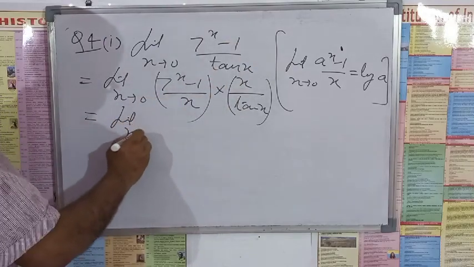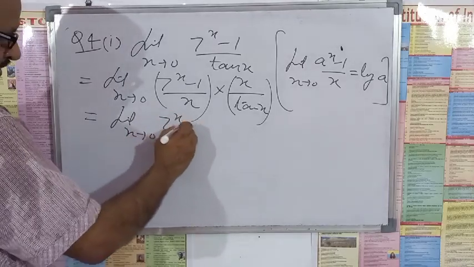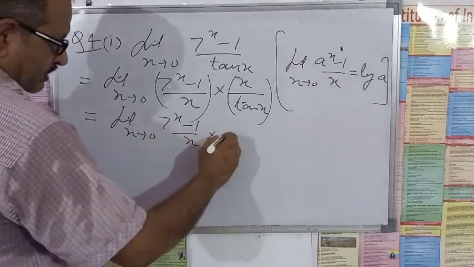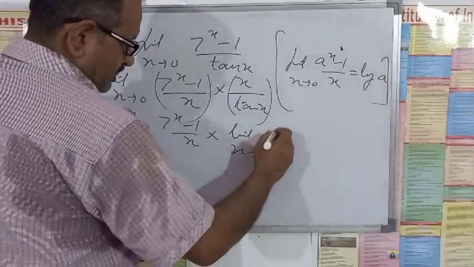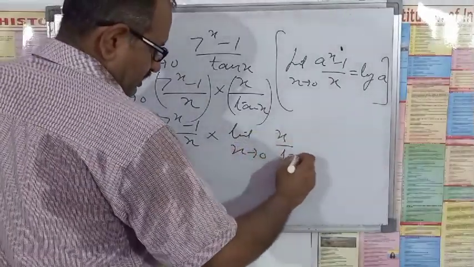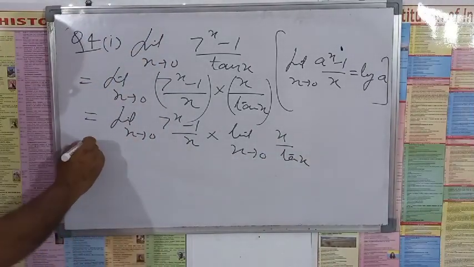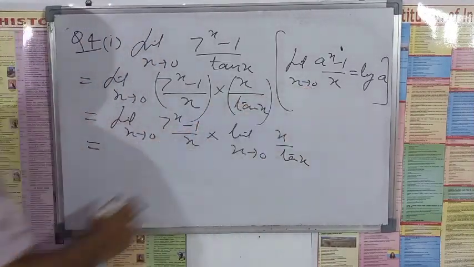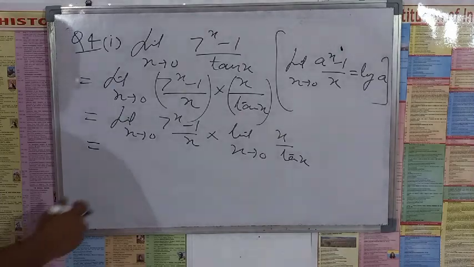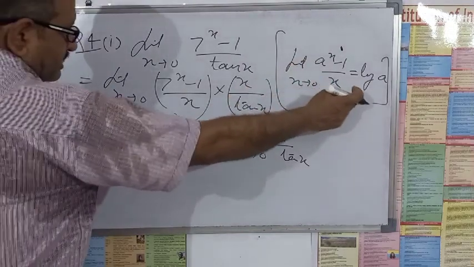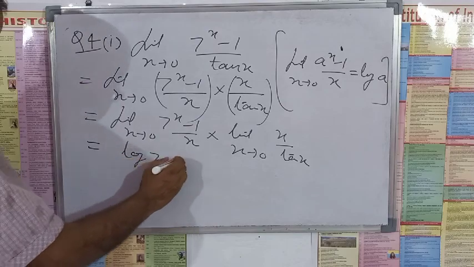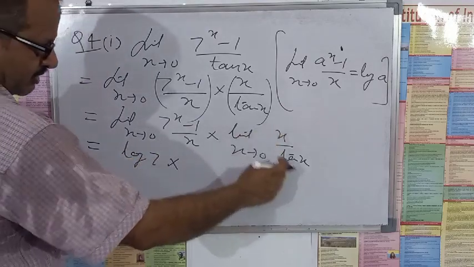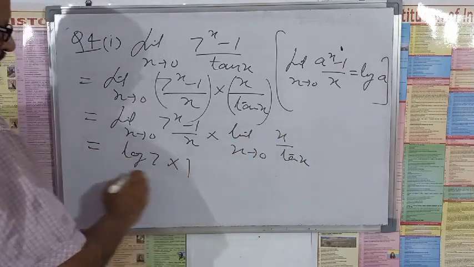Take limit into limit x tends to 0, x by 10x. Apply this result: a to the power x minus 1 upon x is log a. a is 7 here, so it will be log 7. And what is this limit? x upon 10x, x tends to 0, it is 1.